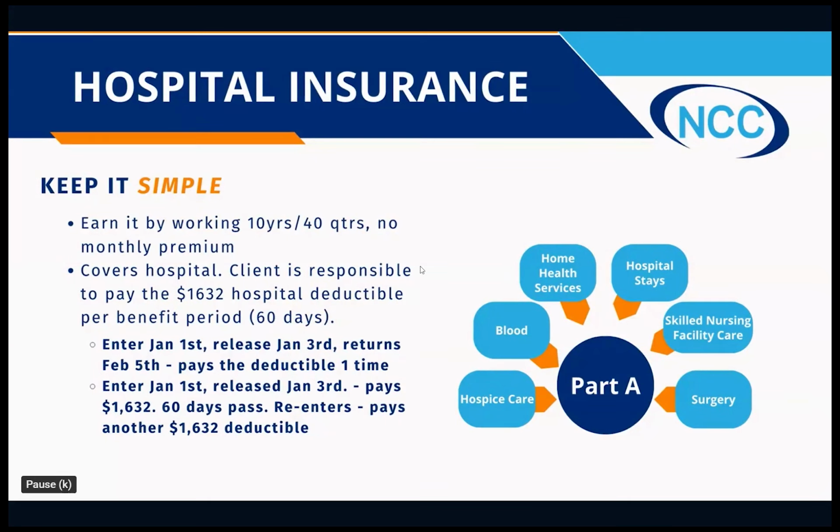If you come back into the hospital sometime in November, 60 days having expired since your last hospitalization, you're on the hook again with the Medicare Part A hospital deductible. Not fun. So that's what Medicare Part A is. That's the deductible. You don't have to pay for Medicare Part A because you've worked the minimum of the 10 years, the 40 quarters. Okay.